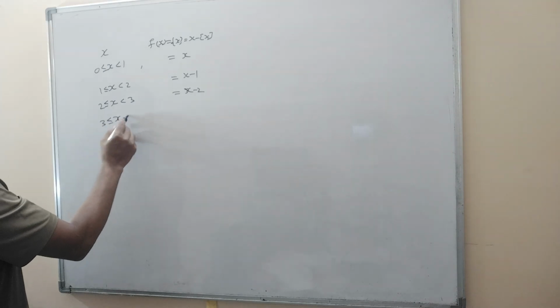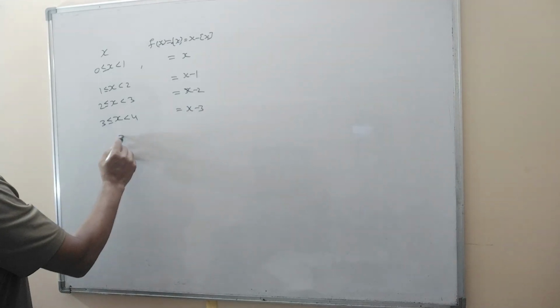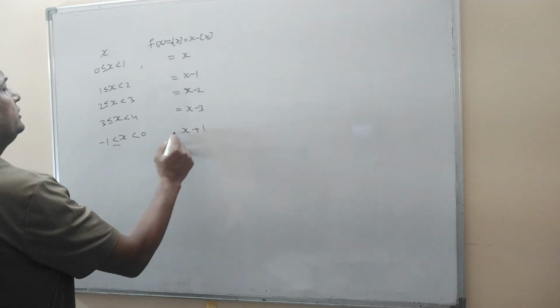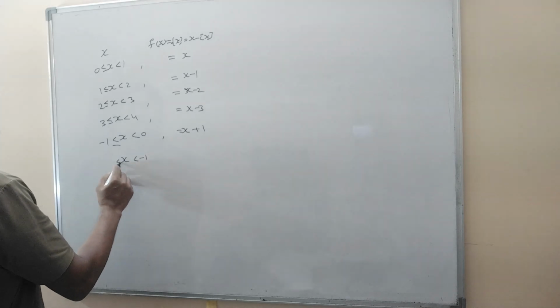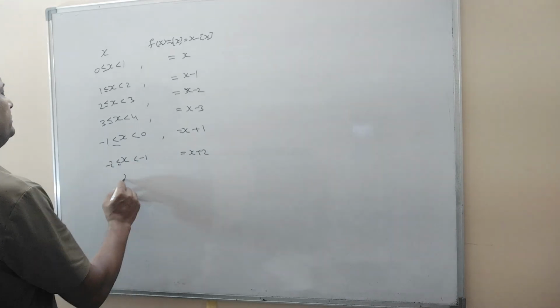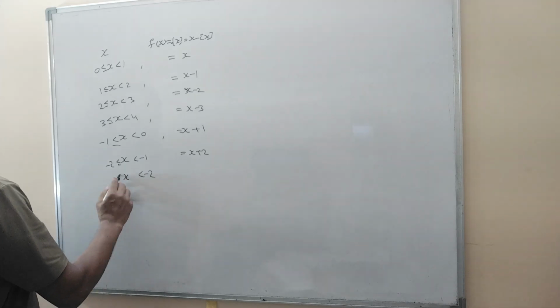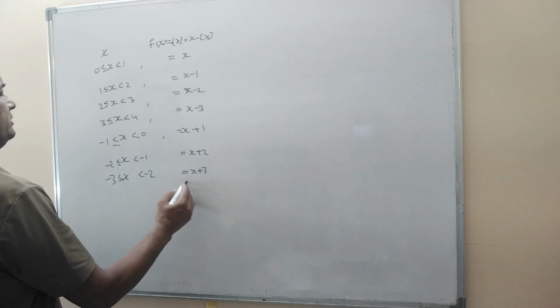Then if you take 3 to 4, this will be x minus 3. And if you take -1 to 0, this will give you x plus 1. And if you take -2 to -1, this will give you x plus 2, and -3 to -2 will give you x plus 3 and so on.